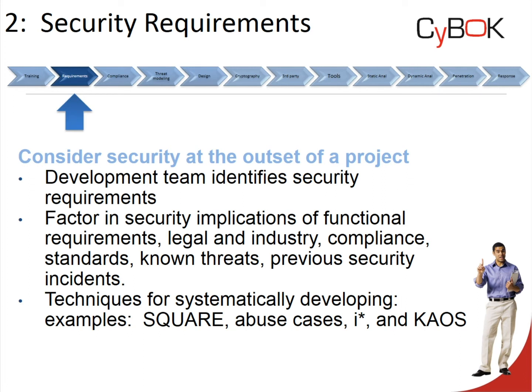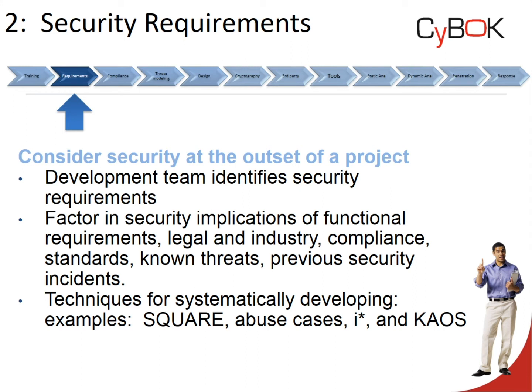So you take a functional requirement and there is a mapping to the security implications that need to be considered, and so all of that needs to be in the security requirements. There are legal and industry compliance standards, and we'll talk about compliance standards more, but say something like HIPAA.